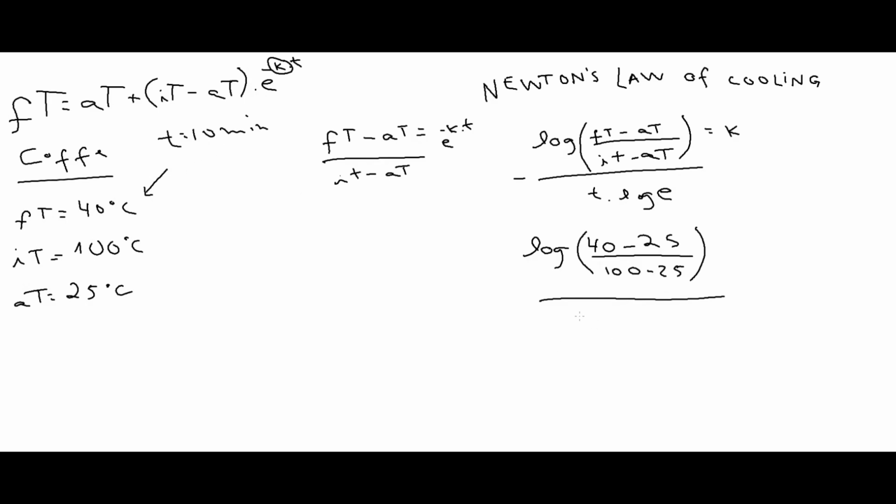So in 10 minutes times the log of Euler's number, that's going to give k. We know Euler's number is approximately 2.7. Let's do the calculation with the calculator.